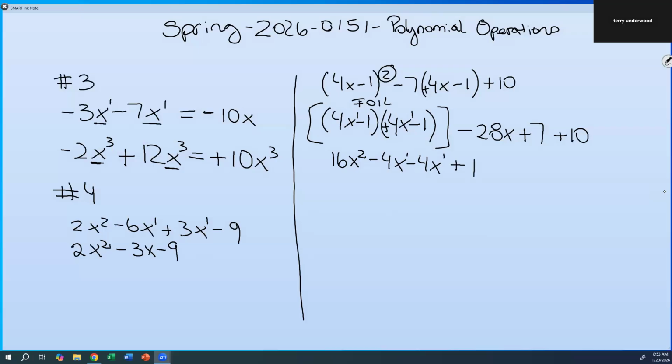Then I can combine like terms. The only like terms I have are the middle terms. So I will have to rewrite again 16x squared. And then negative 4 and negative 4, we said in the beginning, in the first example, number 3, that when you have two negatives being added together, it's like you are adding these two numbers, negative 4 plus negative 4, and the answer will be negative. It will be negative 8x, and you do nothing with the exponents.